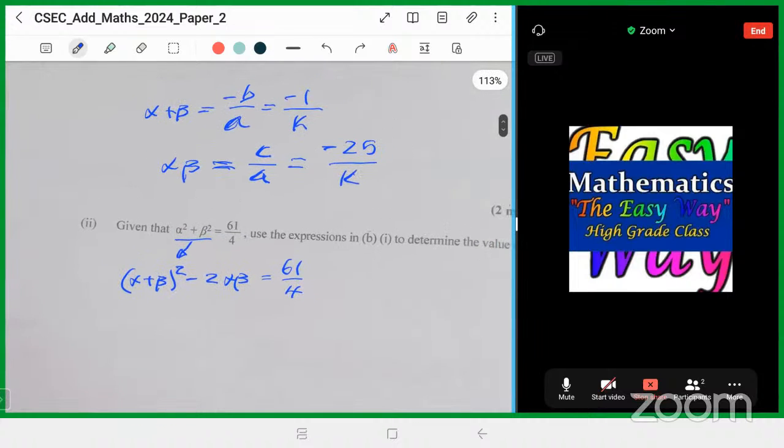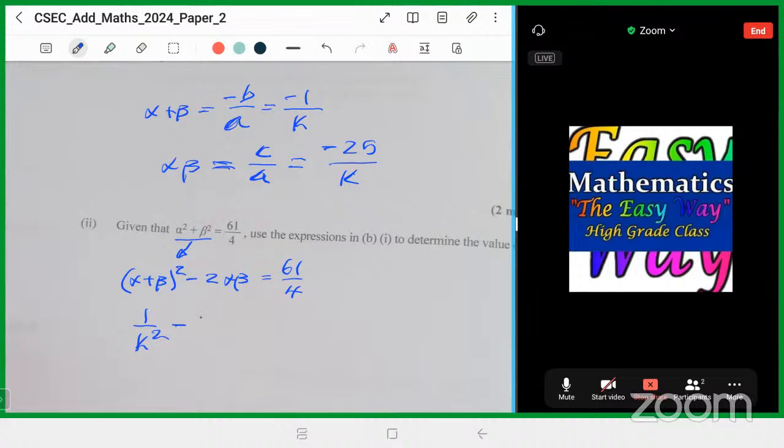All right. So this becomes, we can basically just square this expression. I'm just going to write 1 over k squared, because the negative 1 squared is positive. So it's going to become 1 over k squared minus, and then this is 2 times this expression. Firstly, the minus is going to make this positive. So it's going to be a negative 2 times negative 25, which becomes a negative 50 over k.